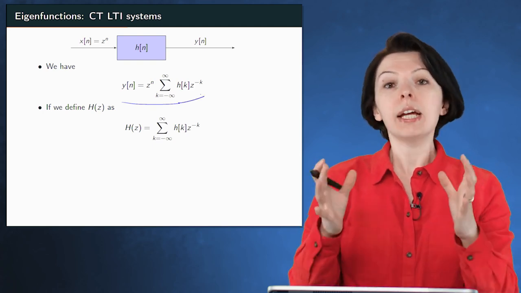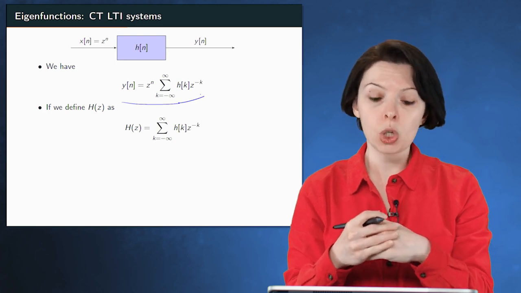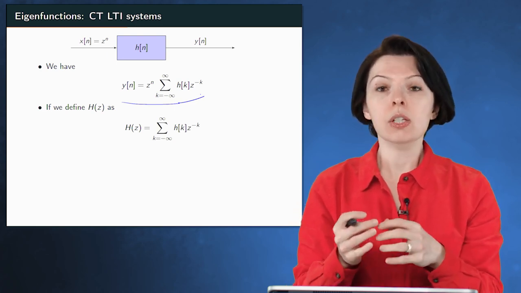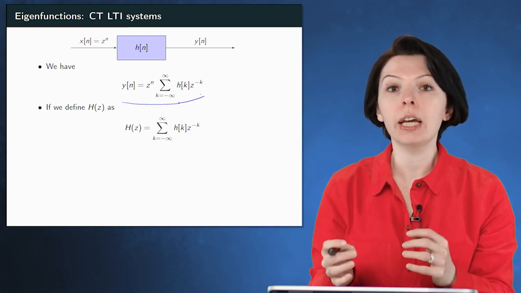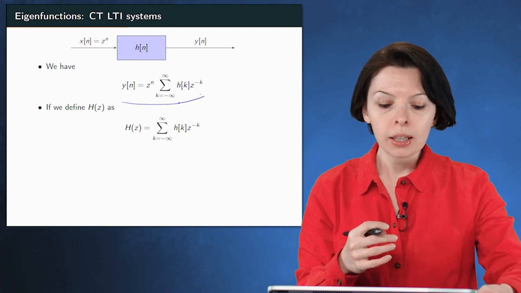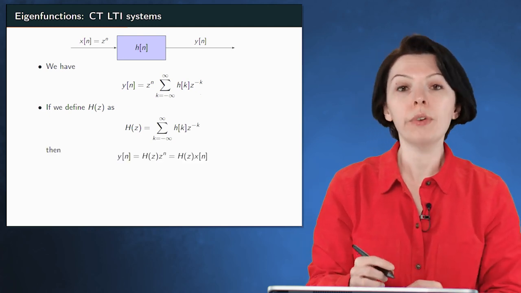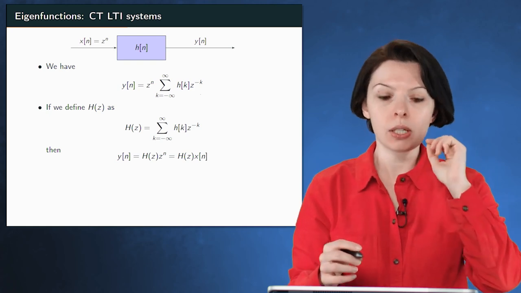So now, if I define H of z as the answer of this summation, H of z is the sum of h of k, z to the power of negative k. h of k in here is the impulse response of my LTI system. Then y of n is going to be equal to H of z multiplied by z to the power of n.